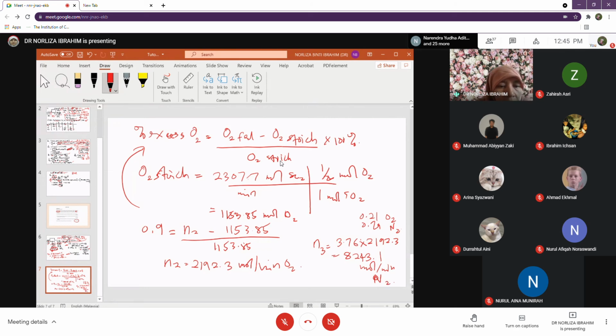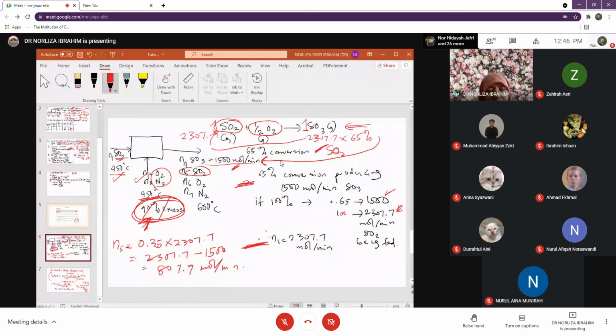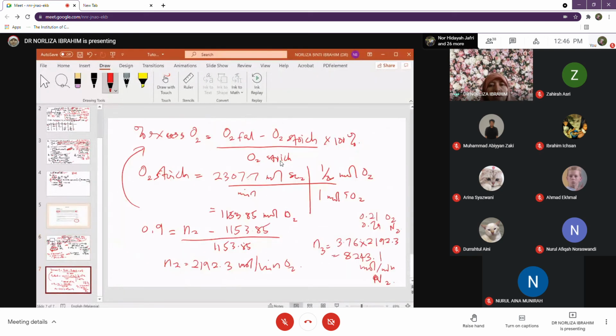Okay, so I'm done with the feed. Now I only have left the oxygen in the product, N6. So what can I do? Recall your CPP1, atomic balance or extent of reaction.